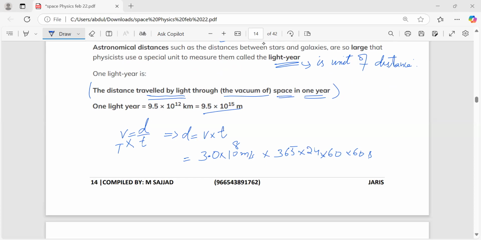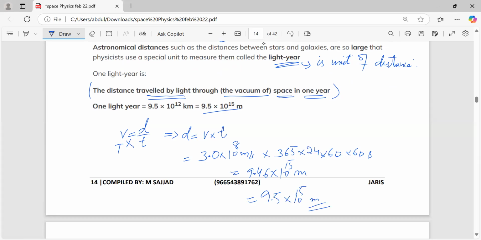So I can write it as 9.46 times 10 raised to power 15 meters. And we can round it off to 9.5 times 10 raised to power 15 meters.